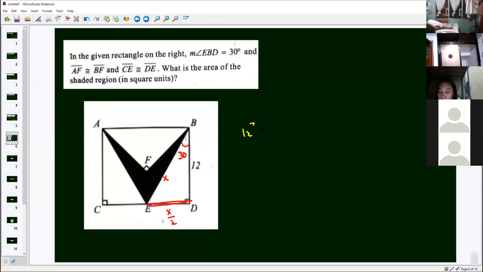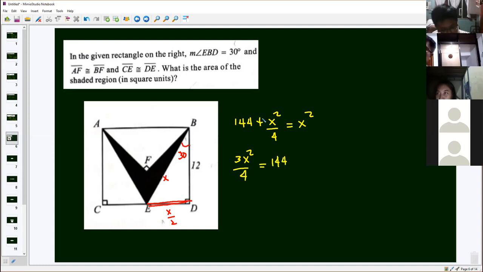12 squared plus X half squared. Diretso na natin. Diretso ko na, guys. 12 squared plus X over 2 squared equals X squared. So you have 3X squared over 4 is 144. Times 4/3. So as you can see, this you can get X squared, which is 144 times 4/3.